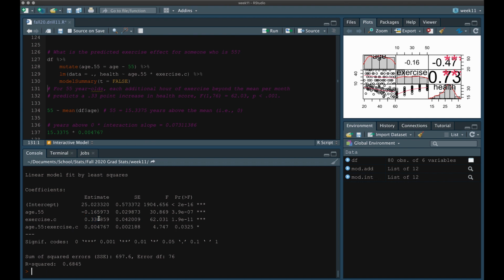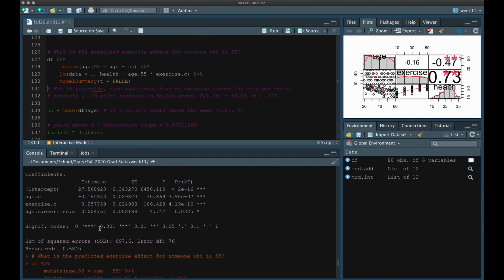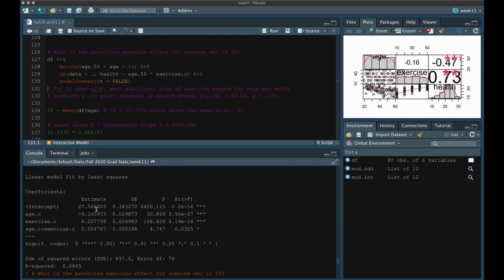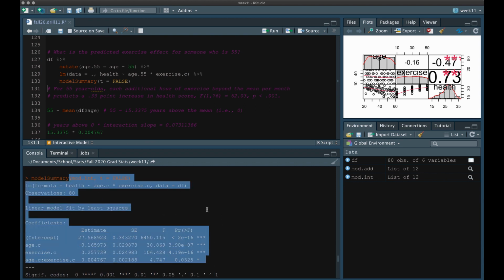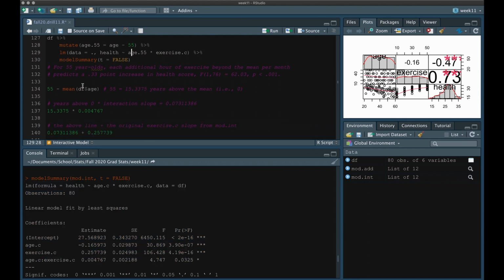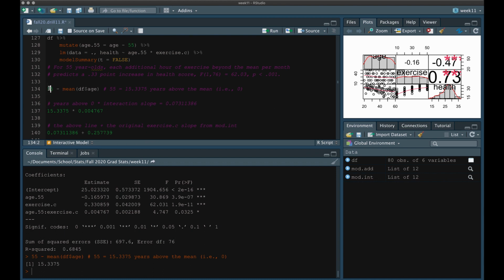You could get this same information based just on the initial interactive model. This is that mod int that we ran, where we say, okay, how many years above the mean, which is 0, is 55? Well, if we check 55 minus the mean, we are 15.3375 years above the mean.